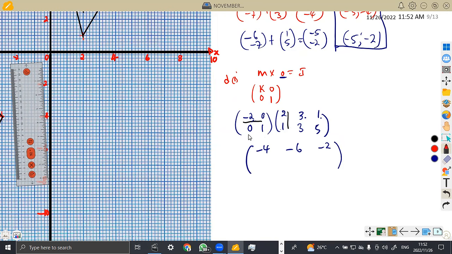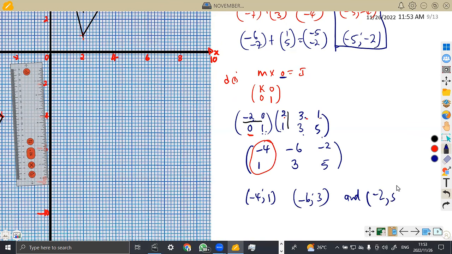The same thing here, 0 is going to multiply everything on top, 0 times 2, 3, 1. So you just have to multiply down by 1: 1 times 1 is 1, 1 times 3 is 3, 1 times 5 is 5. So these are the coordinates: -4, 1. Remember how you take the coordinates. That's a point, followed by -6, 3, and the last point being -2, 5.